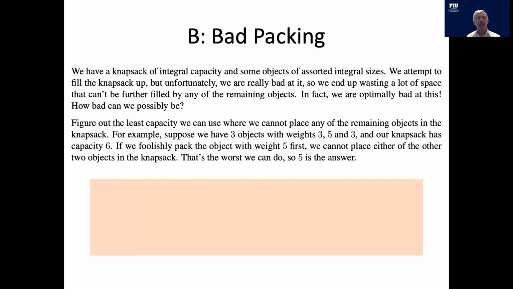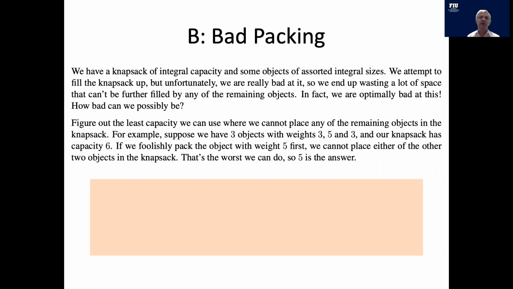The bad packing problem says, I have a knapsack, and there are a bunch of items, and they all have different weights. Now, we do know how to fill it to capacity and whether it can be filled up to capacity. But what if I don't want to fill it to capacity? In fact, I want to fill it to as low a capacity as possible in such a way that any item I add will make it go over the limit. That's what the bad knapsack problem is.